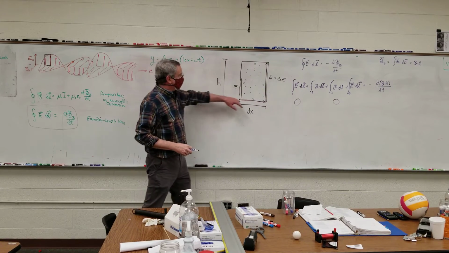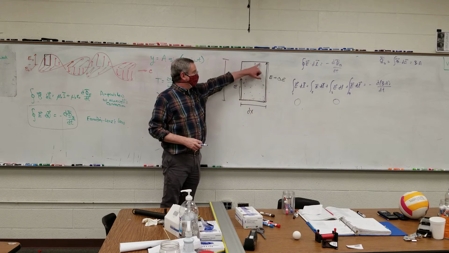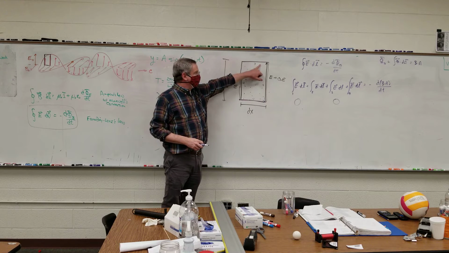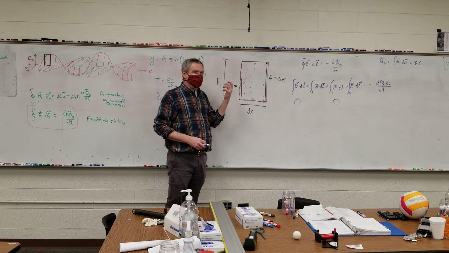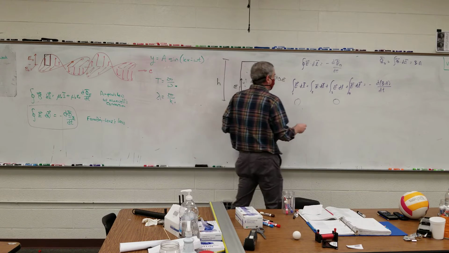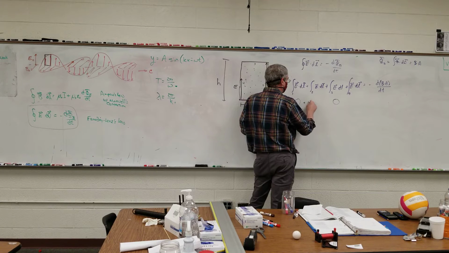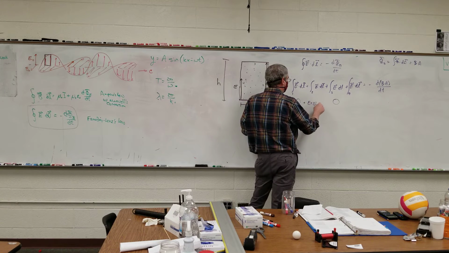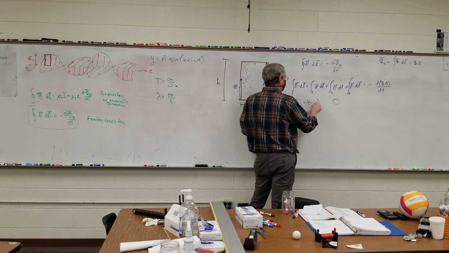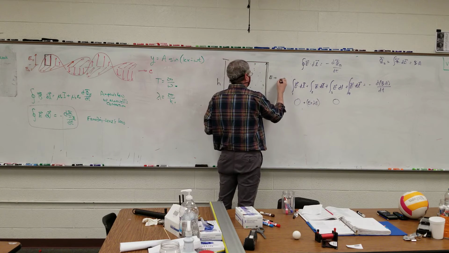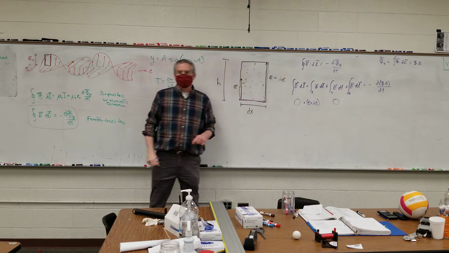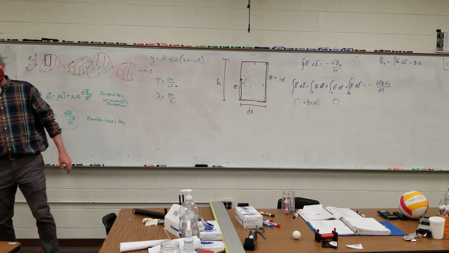All right, now on path number 2, my electric field is E plus delta E times H. They're in the same direction. So this becomes E plus delta E. I know I have a delta there. That's because I was doing the 151 version of it.